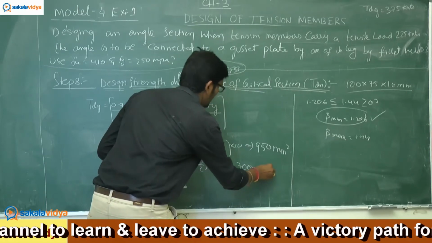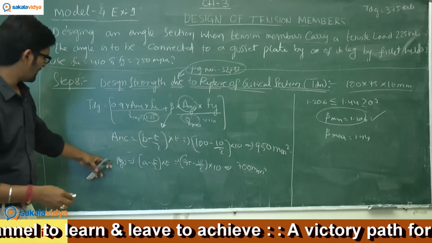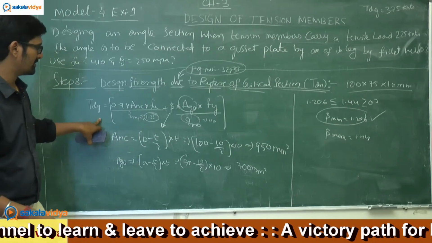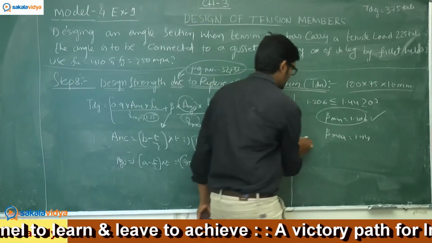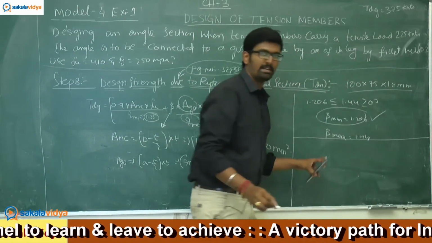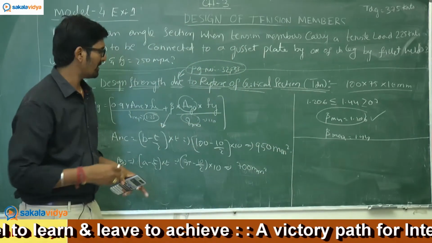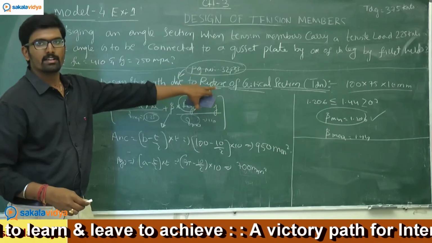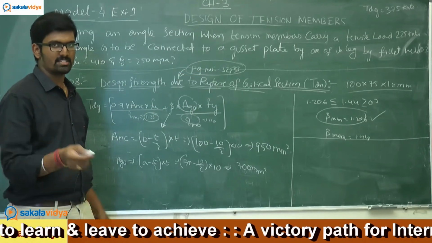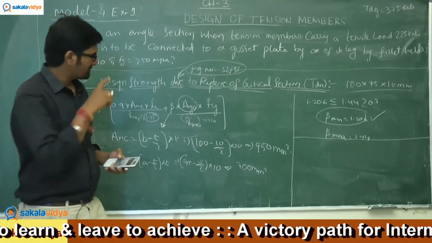After finding beta, area of connected leg and area of outstanding leg, we are going to substitute in this formula. So what is the beta value? Beta minimum is equal to 1.206, which we have obtained using the formula given on page number 32 and 33. The formula of beta is given there, please have a look at that.